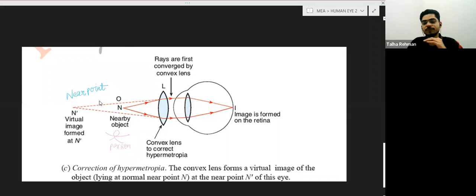I have told you, if you place an object at the near point of a hypermetropic eye, then the image will form on the retina. So for this lens, now this will be the object, and the image will be formed on the retina, and this eye is able to see this object. This will be the actual object.